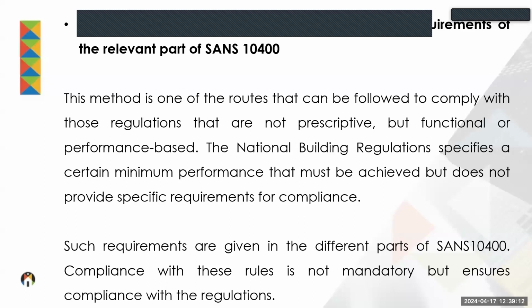Indeed, complying with the deemed to satisfy might sometimes be more expensive, because a deemed to satisfy requirement in a standard has to cater for all criteria, all circumstances. It's basically a one-fits-all solution and not specifically designed for a specific purpose.